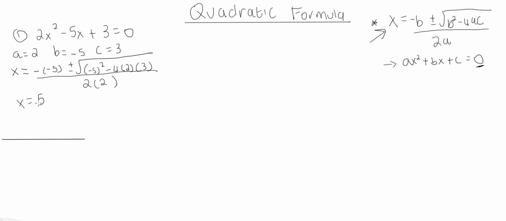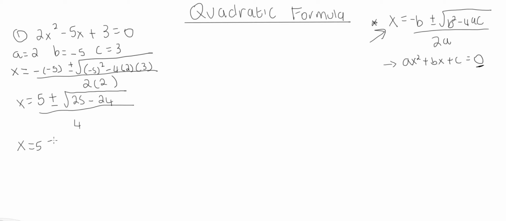So this is going to be a +5 plus or minus the square root of, now if you are allowed to use a TI-84 or a calculator, I would go ahead and enter -5 squared minus 4 times 2 times 3 to cut down on your time, but I'll go ahead and do the steps here. -5 squared is 25 minus 4 times 2 times 3. 4 times 2 is 8. 8 times 3 is 24.